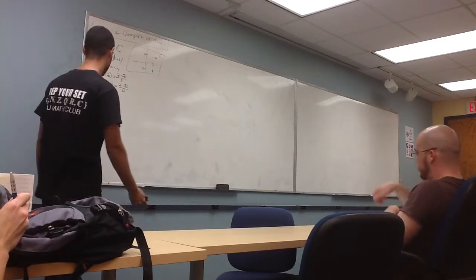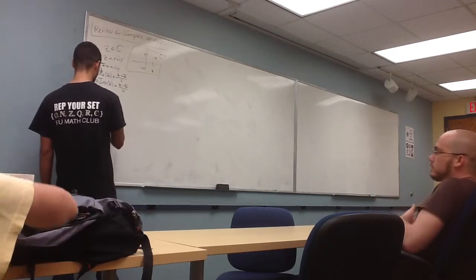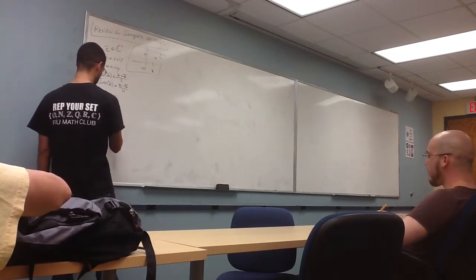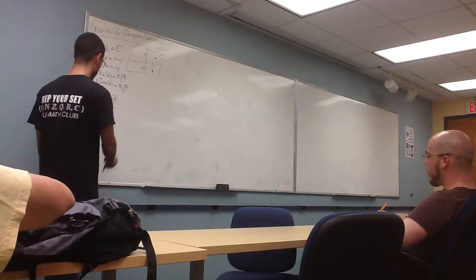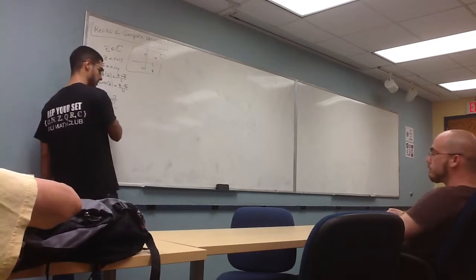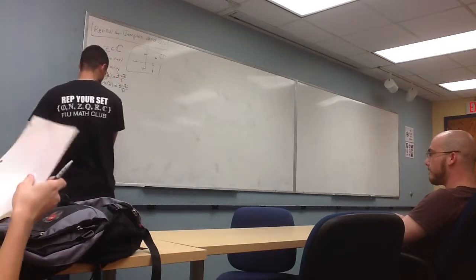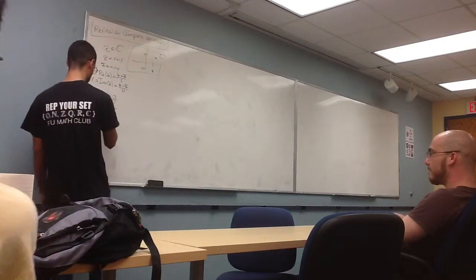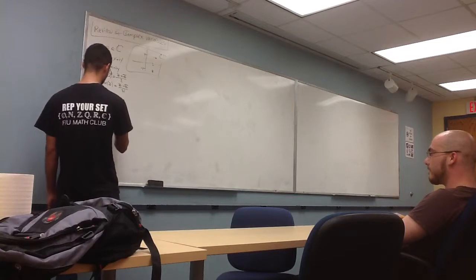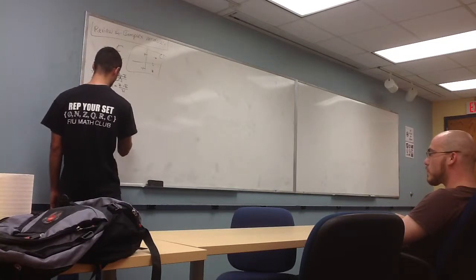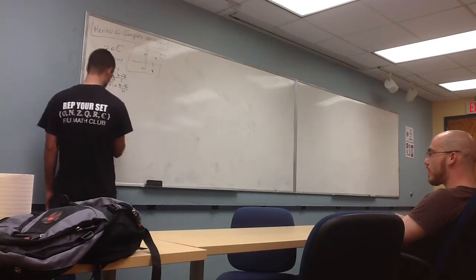And we're considering C to C. We're considering a proper subset of this. These are all the functions from C to C, right? So we're considering a subset of functions, all the f's from R2 to R2, but we're going to identify them with C.